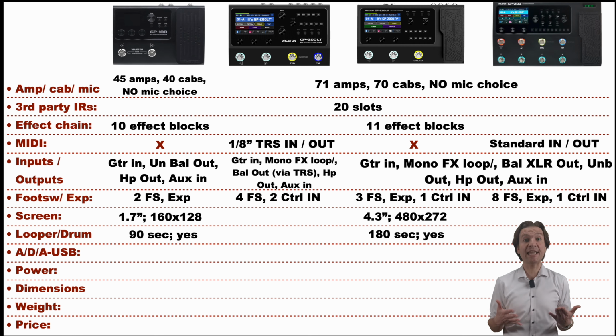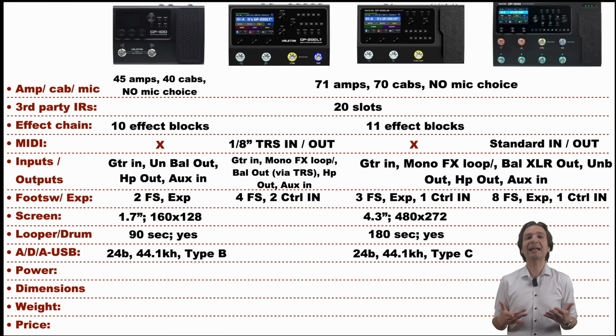In terms of ADA converters, they are all at 24 bits and 44.1 kHz, where the GP100 has a USB Type-B port and the other units offer a Type-C port, which is much more user-friendly in my opinion, as it is reversible. Here I would also mention that I would have preferred 48 kHz instead of 44.1, as I always record at 48 kHz.